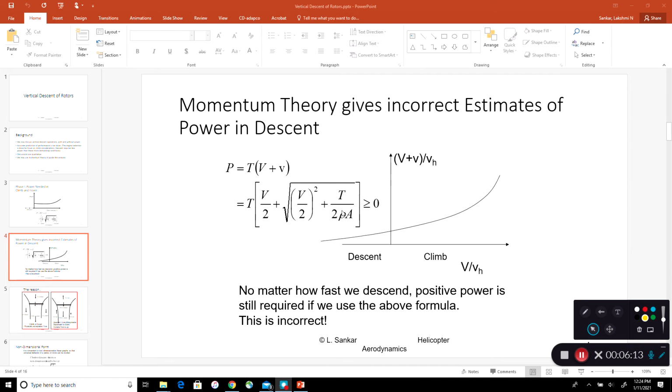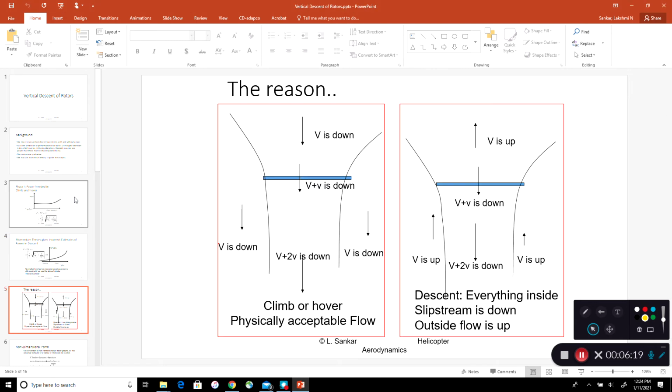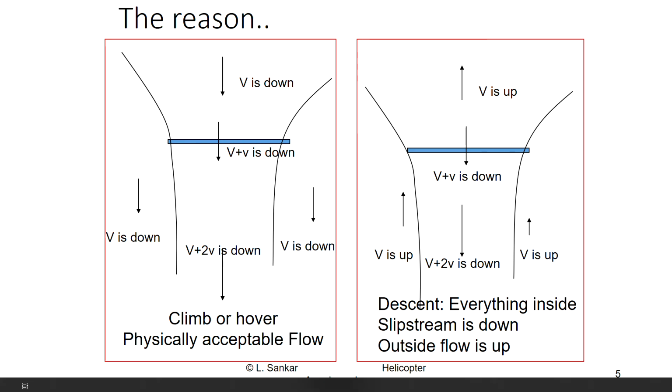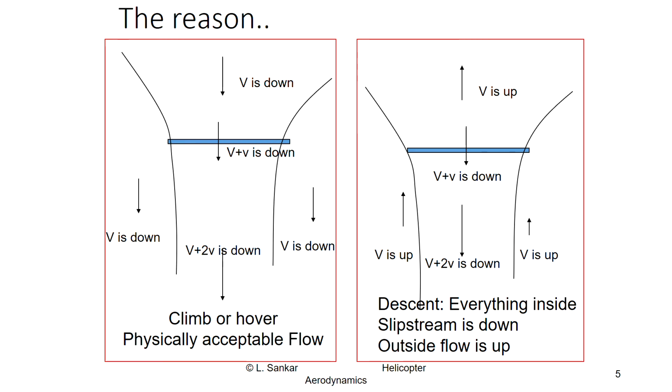You could also get some idea physically of what's going on by looking at this picture here. So let me switch back to the full screen. On the left side, you see the traditional vertical climb case. Everything is downwards.